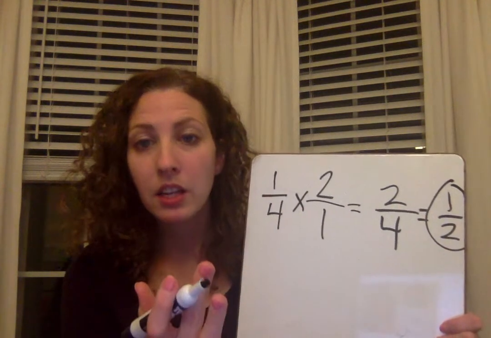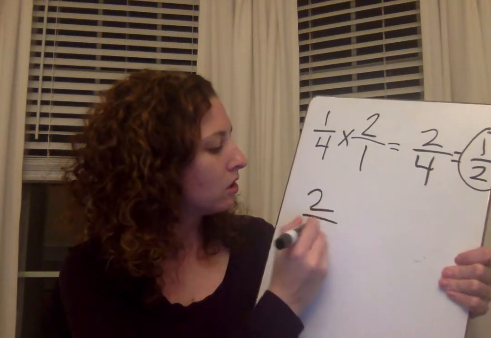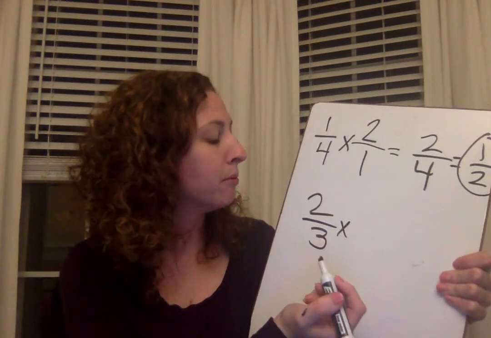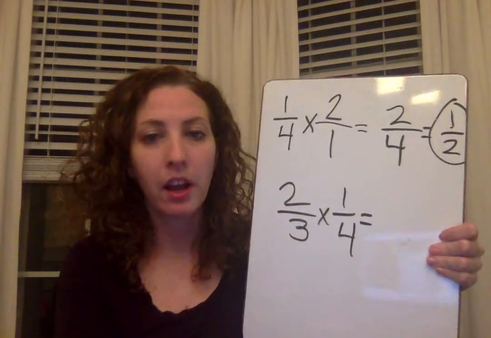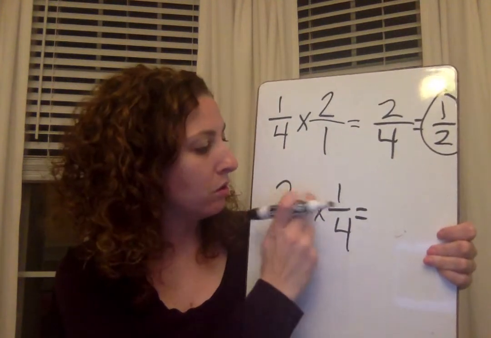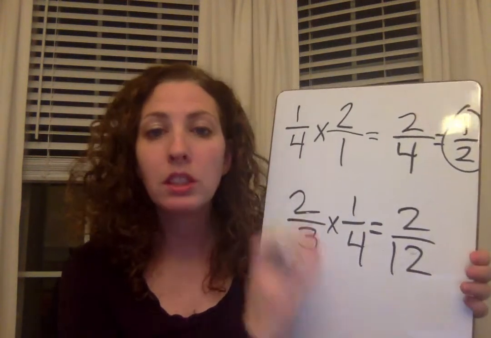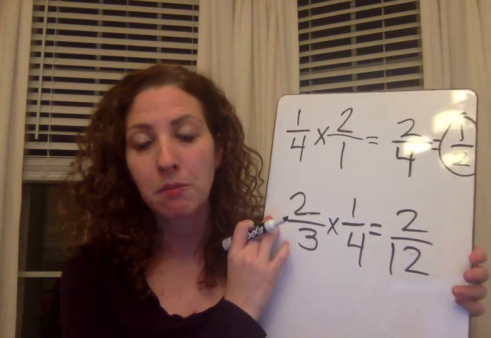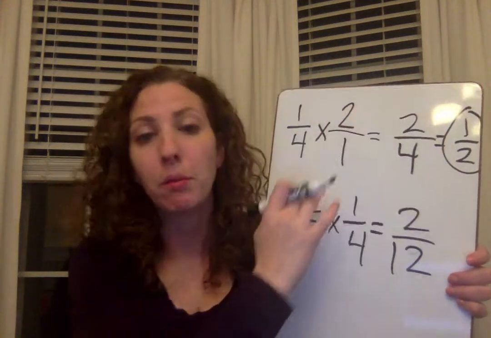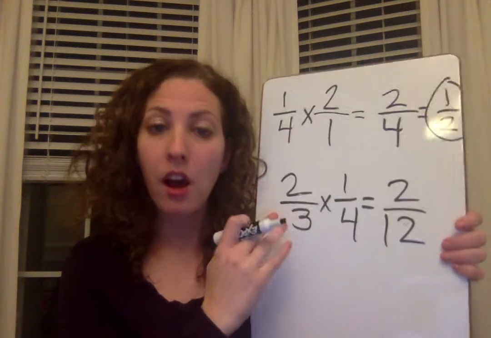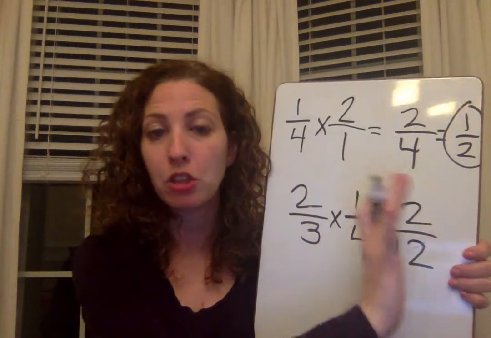Okay, and then yesterday you saw some problems that maybe looked like this: 2/3 times, I don't know, 1/4. We did some of those. 2 times 1 is 2. 3 times 4 is 12. The only difference with these problems is that some of them were just a whole number and you had to make a fraction. Otherwise, they were already in fraction form. You just had to multiply straight across.